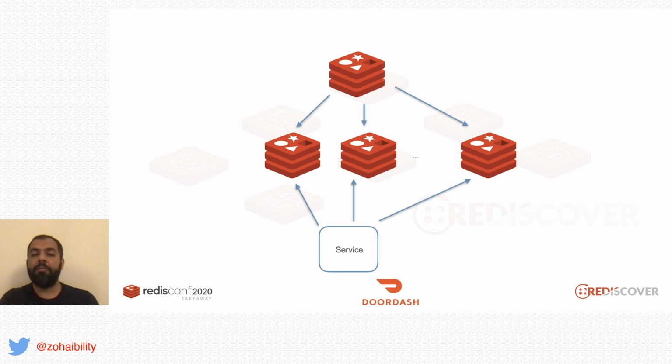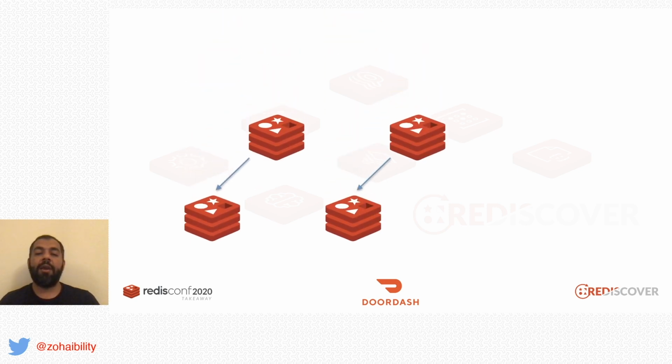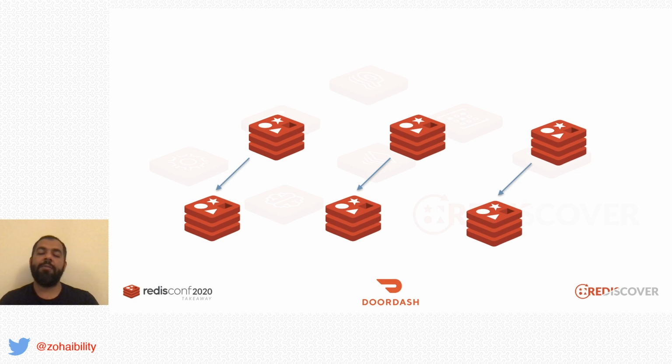How can we distribute this evenly across different nodes? Imagine you have 3 partitions on Redis, and each one of them has a replica. It might be without replicas as well, doesn't matter.